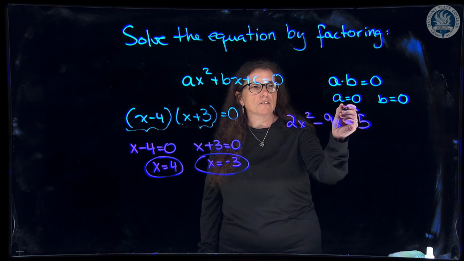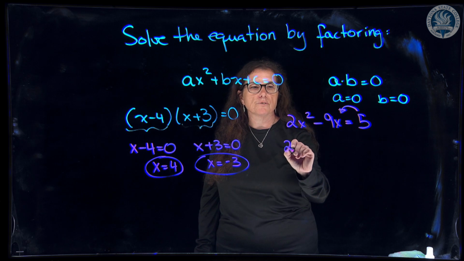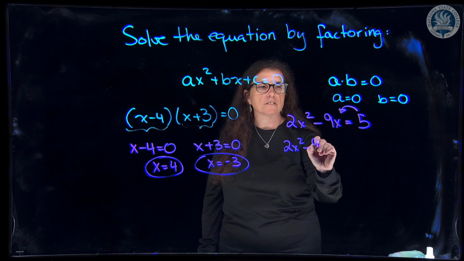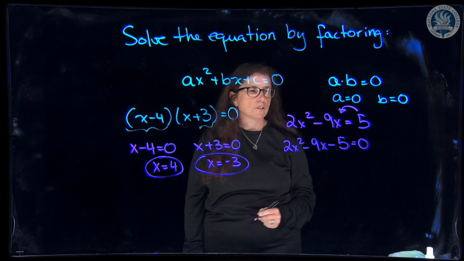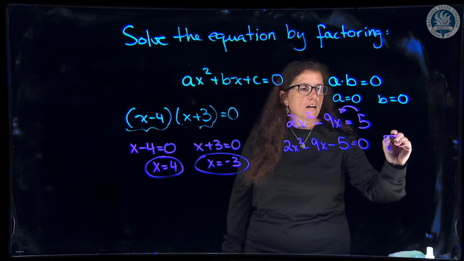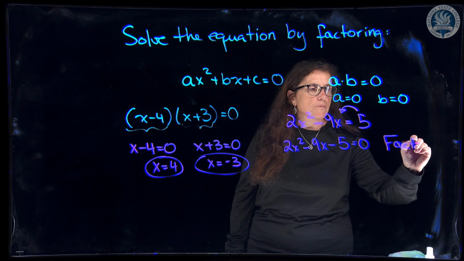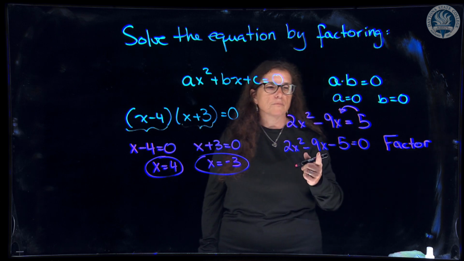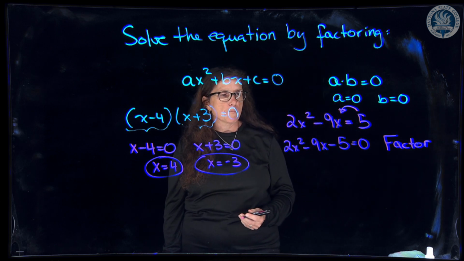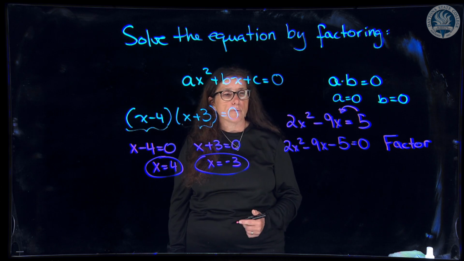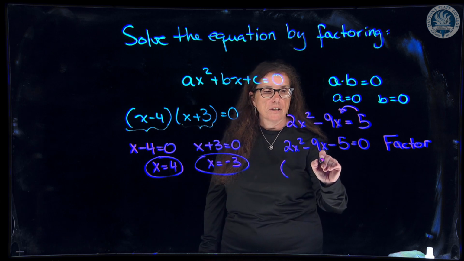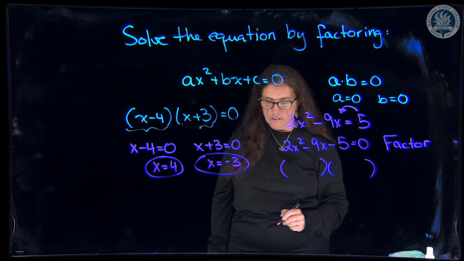So the 5's got to go to the other side. 2x squared minus 9x minus 5, set it equal to 0. Now we have to factor this trinomial. You either factor by the methods you have previously learned, either by the C method or by trial and error. I'm going to use trial and error in this case.